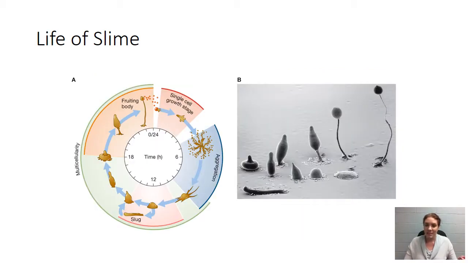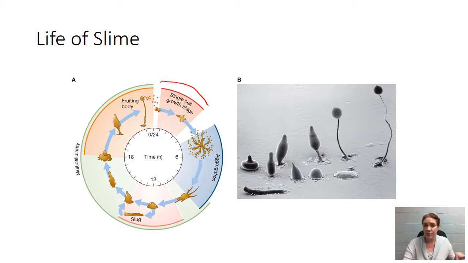Slime mold has a different life cycle than humans do. It starts off basically with the spores being released into the air, onto the animals, plants, leaves, etc. They find a new spot in the ground and they spend some time as single cells. During this stage, they're called amoebas, not amoebas like the ones you've thought of before.